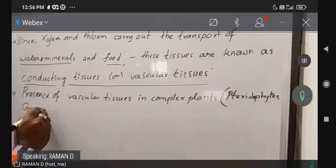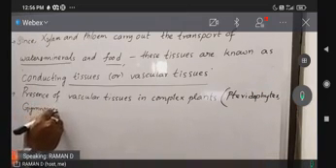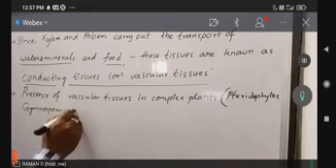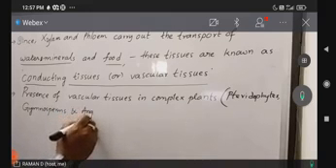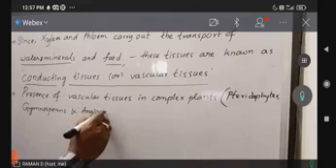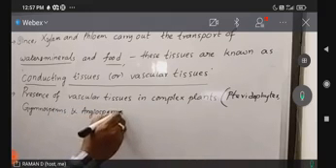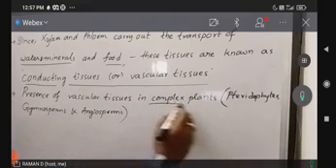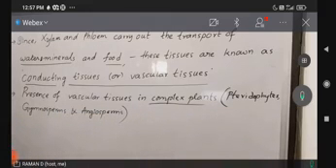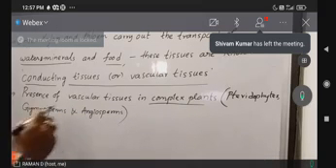So complex plants means pteridophytes, gymnosperms and angiosperms.